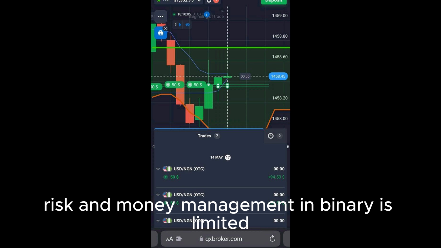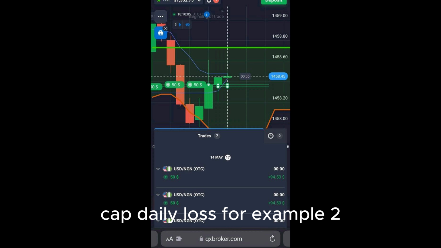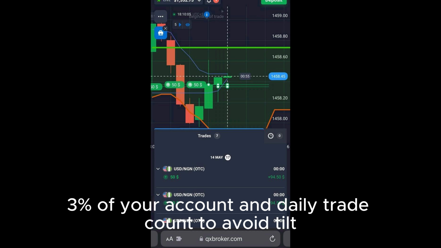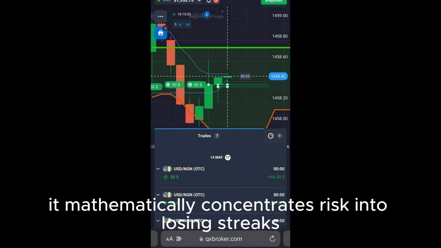Risk and money management in binary is limited, but you can still control exposure. Cap daily loss, for example, 2–3% of your account, and daily trade count to avoid tilt. Never martingale. It mathematically concentrates risk into losing streaks.